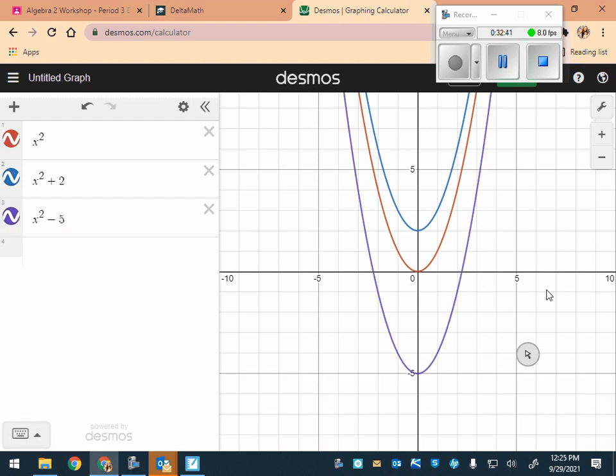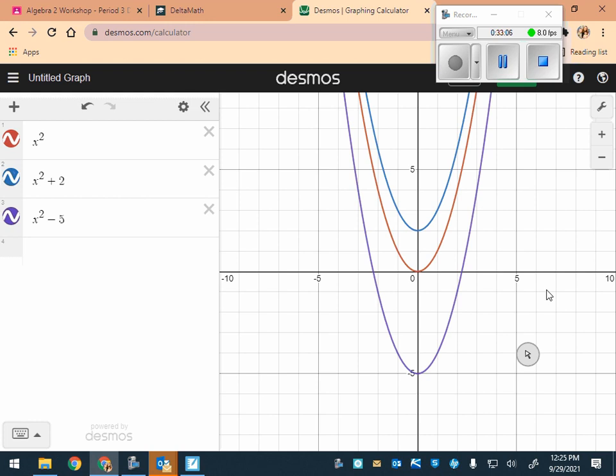What do we notice? This should be fairly simple. We saw it in some examples as well. Good. It changed it by doing what? Where are we going? What's happening? Good. So if it's a positive k, like x squared plus 3, you're translating up.